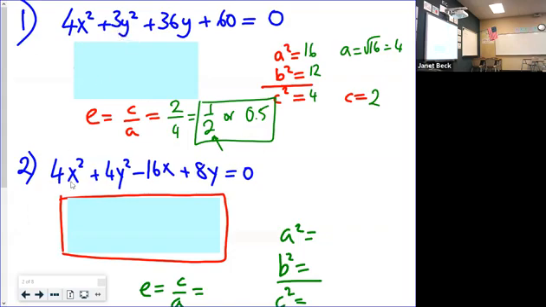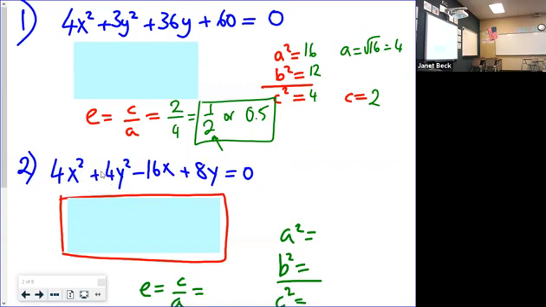But on this example, when you complete the square, whatever number you end up with on this side, and then you divide it across, the 4 will simplify with it exactly the same way as this 4 simplifies with it, because these coefficients are the same.